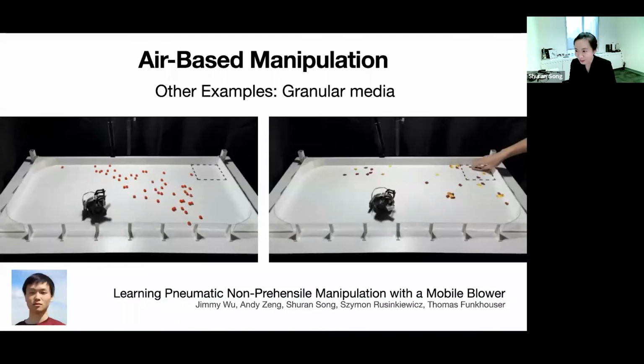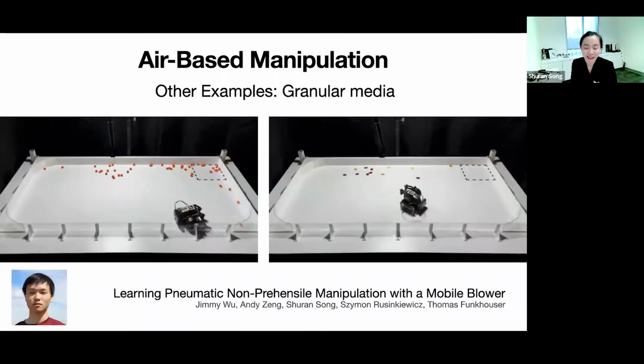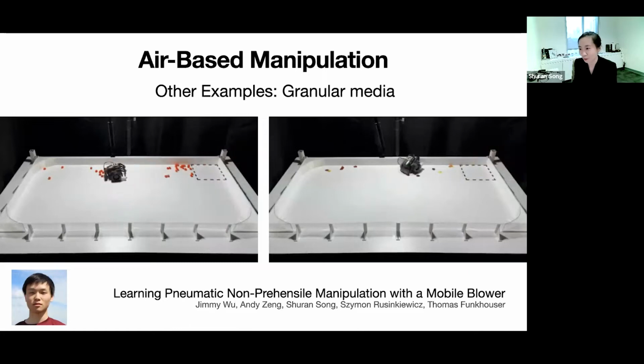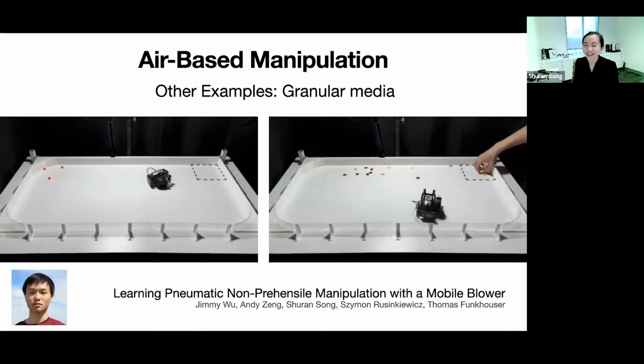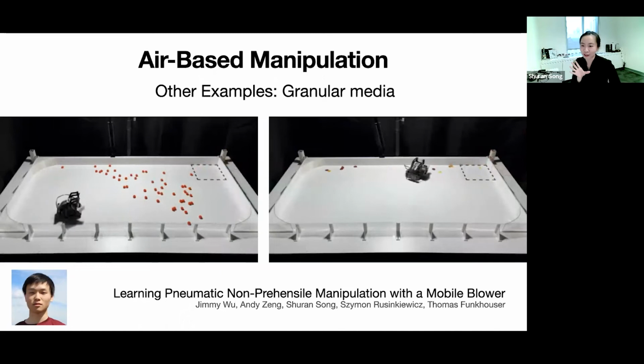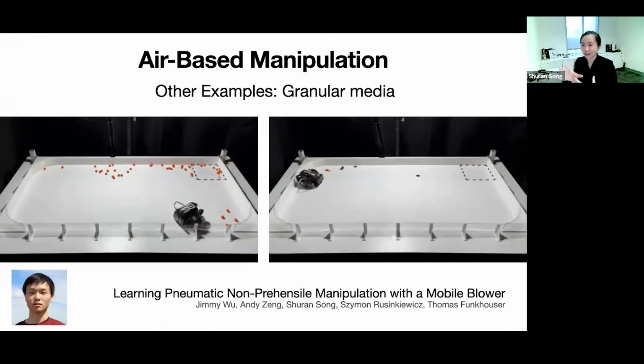So of course, air-based manipulation can be applied to objects that are not deformable as well, right? Here is another interesting example of manipulating granular media with airflow. Here you see little Anki robots equipped with little air blowers, and they're able to blow all the small particles into one target zone.